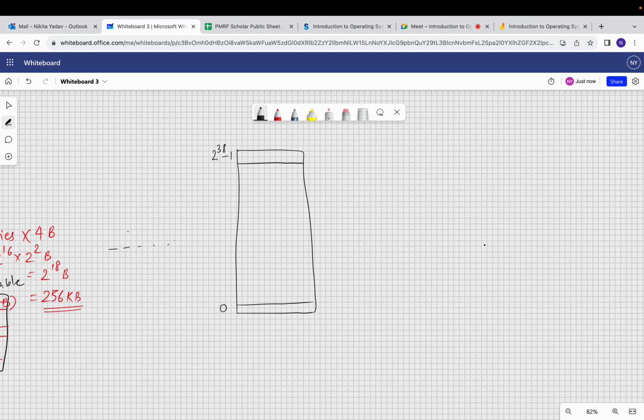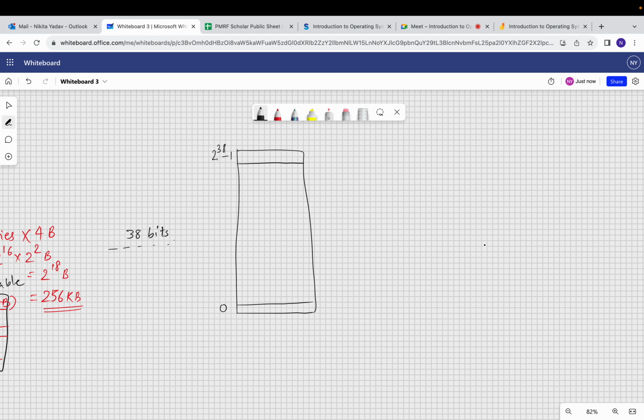So 38 bits, right? 38 bits are required because 38 bits can generate 2 to power 38 numbers. So to access 2 to power 38 bytes, you need at least 38 bits.